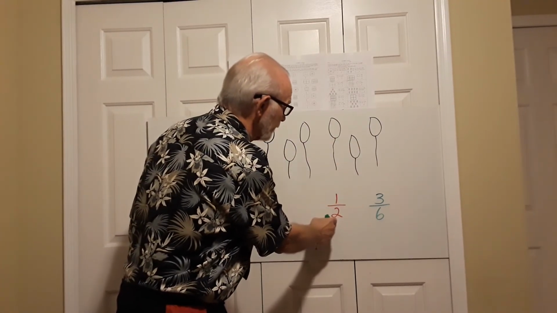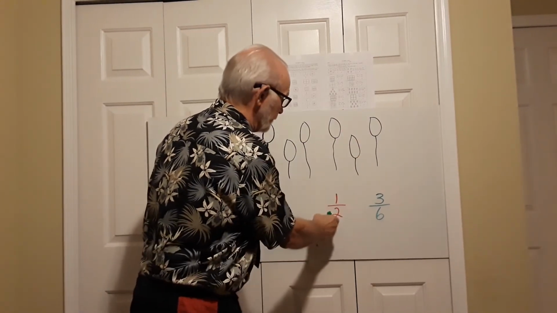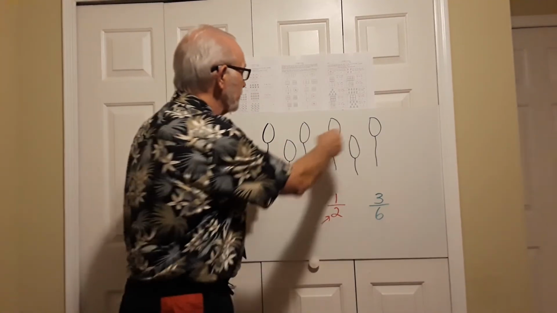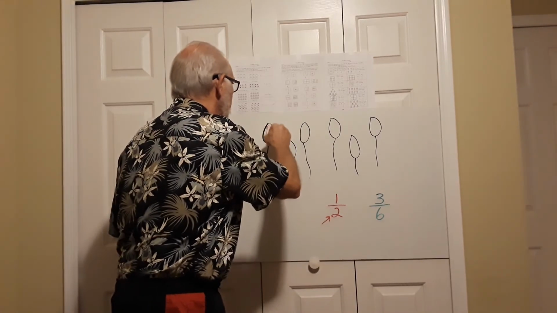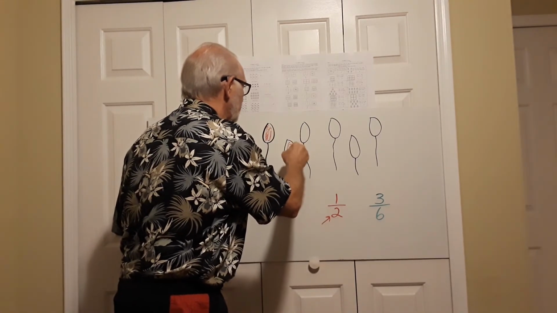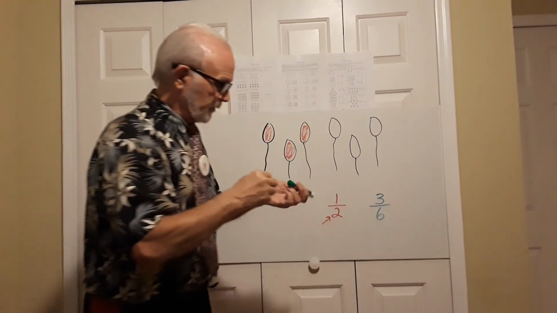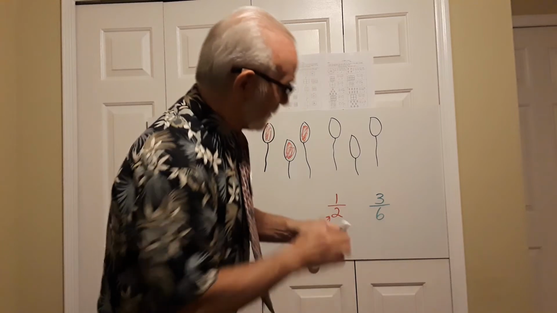But I'm still looking at this. I'm looking for how many groups. I need 2 groups up here, and it doesn't matter how many are in it. These are the 2 groups, so I'm going to take this and I'm going to just go right ahead and color those balloons red. All right, and then the other one now is going to be green.